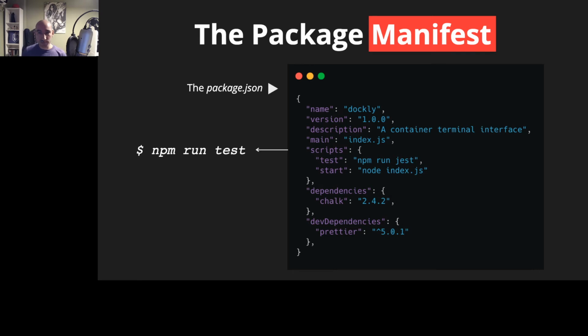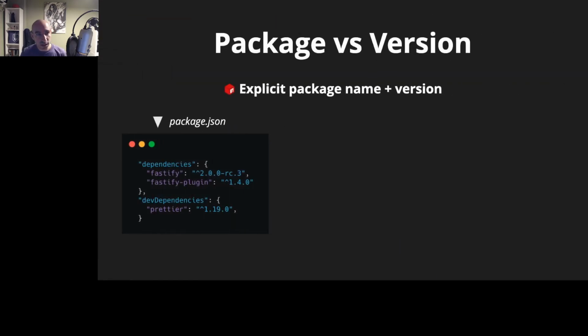Everyone is pretty much aware, if you've done any JavaScript or Node.js project, of the package.json manifest, where you have your scripts and some other key fields. But there are also some dimensions around what a package and a version actually comprise. One of them is that every package has an explicit version attached to it.